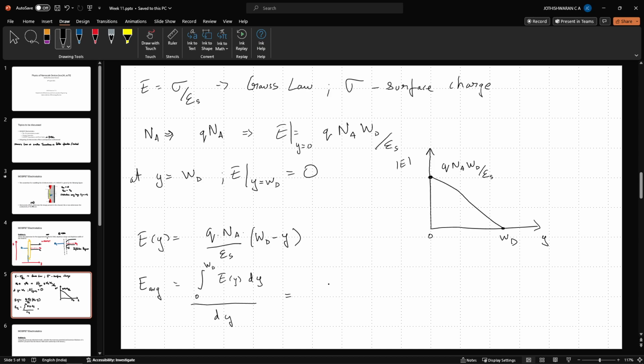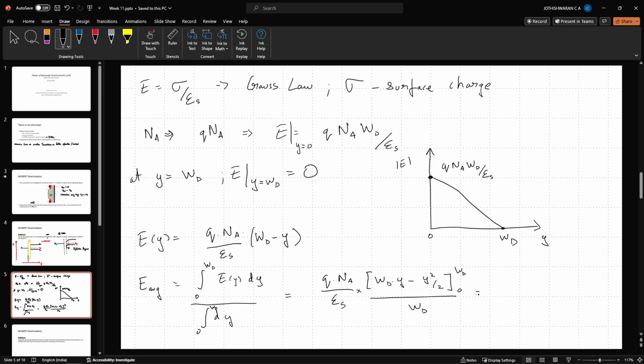So this comes out to be Q times Na divided by epsilon s, from 0 to Wd, times Wd times y minus y squared by 2, divided by Wd.